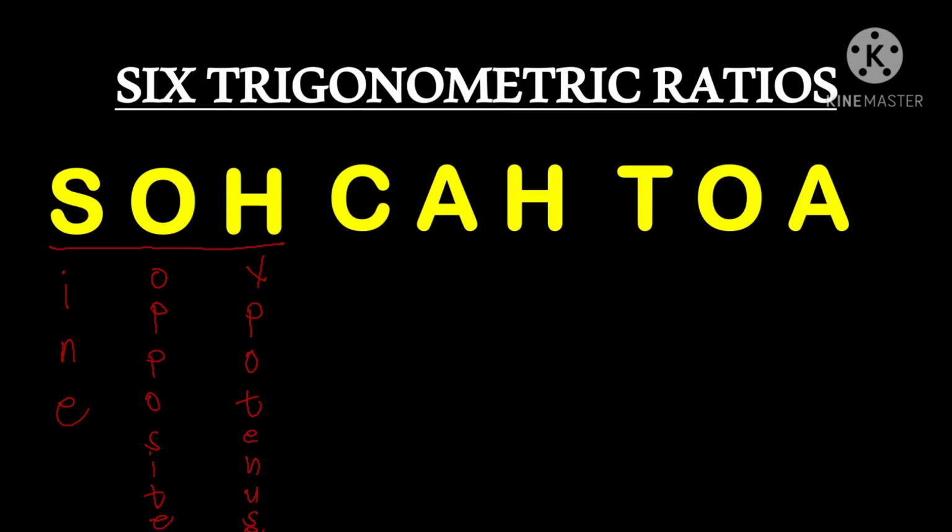And then C for the cosine. A for adjacent. H for still hypotenuse. And then letter T for tangent.